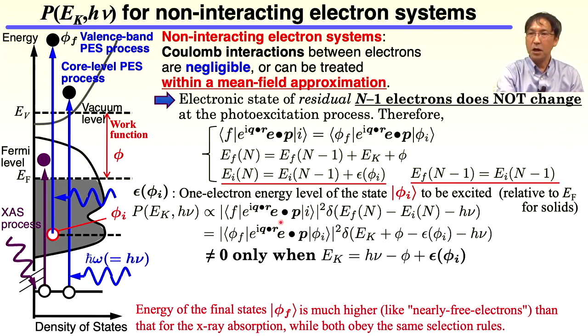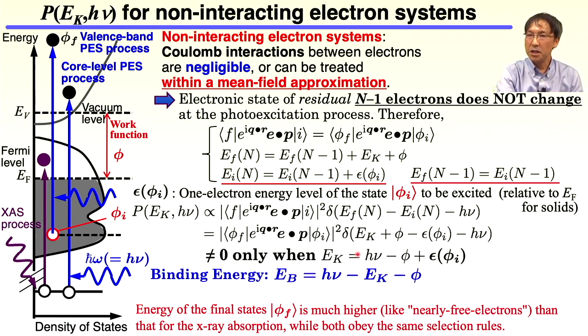This term becomes finite only when the photoelectron kinetic energy has this relation. On the other hand, the binding energy is defined as this formula.